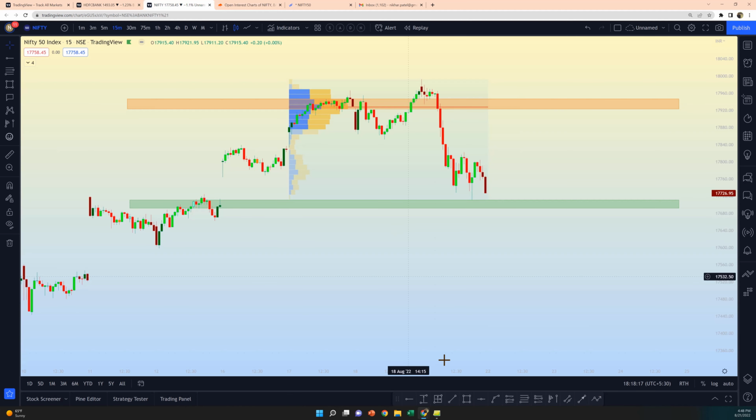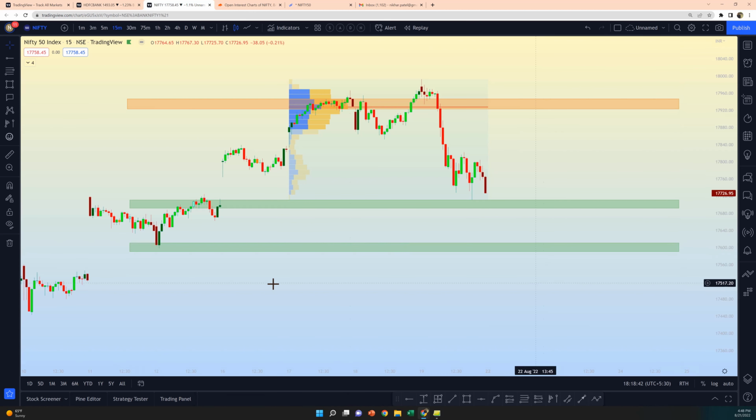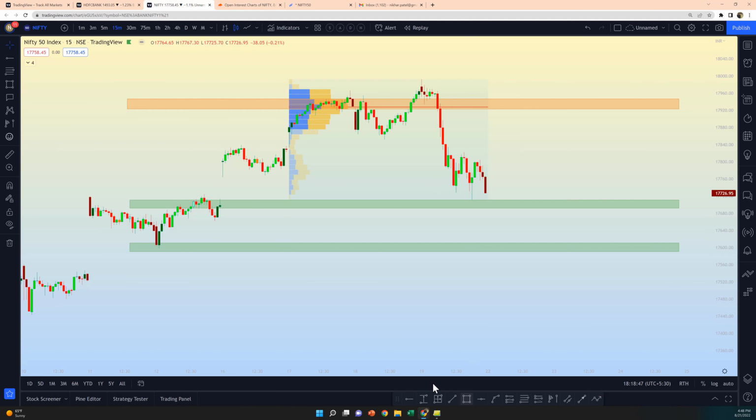So let's mark those two also. 17,600, that means 17,620 to 17,590, yeah, and you just drag it down to 610. Yes, so this is our next support level. Then the next support level is 17,500. Then we go here, let's just zoom in.